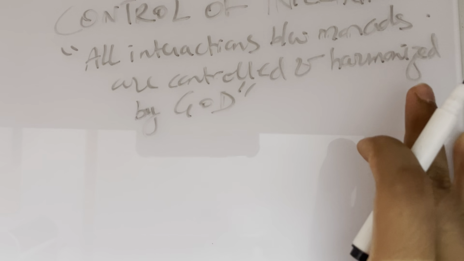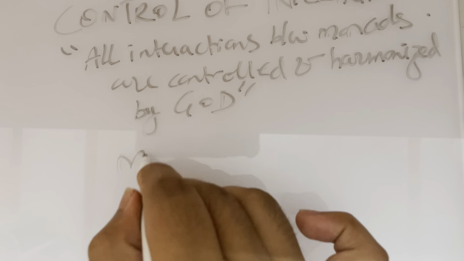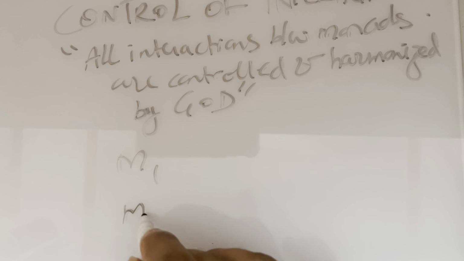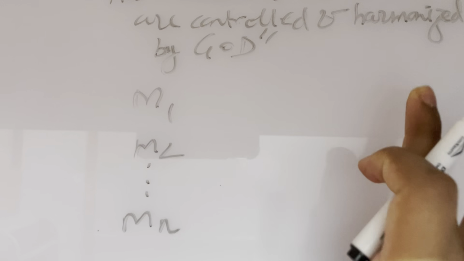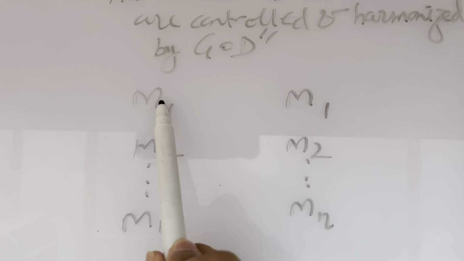Visual representation, quick visual representation. We have M1, M2, Mn. So we have M1 interacting with M2, M3, M4, M2 interacting with M1, M3, and so on.